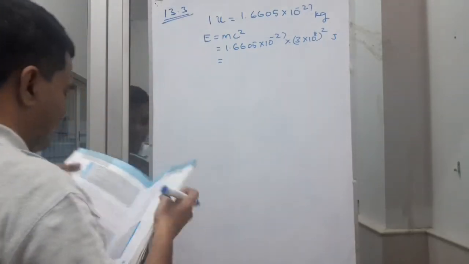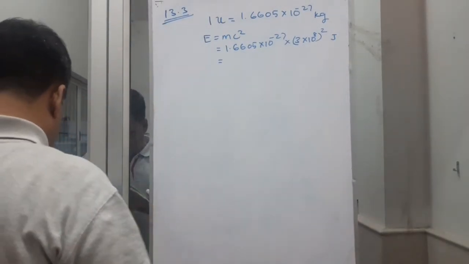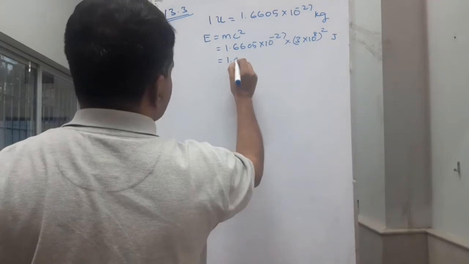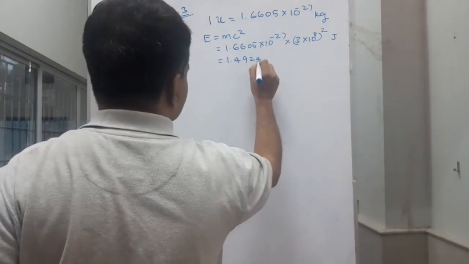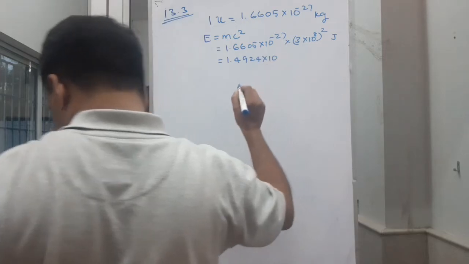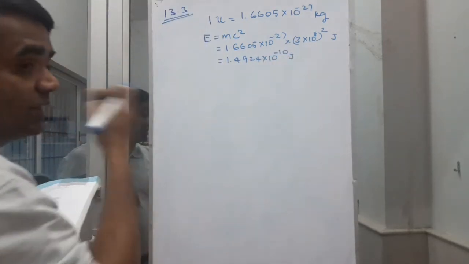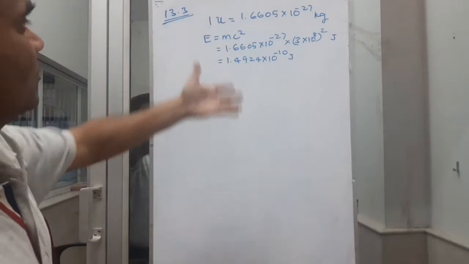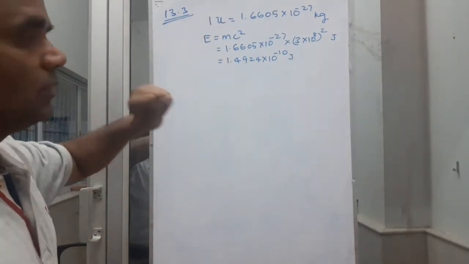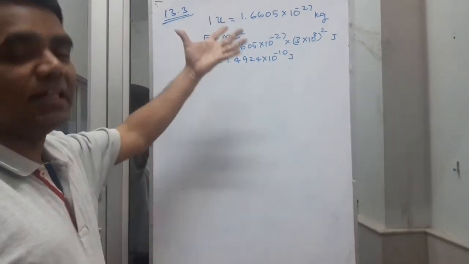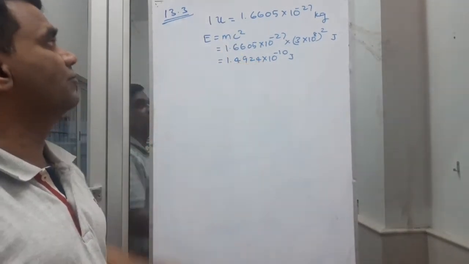So this actually gives me 1.4924 into 10 power minus 10 joules. It's not a lot. But then if one atomic mass unit is made to vanish, then this is the amount of energy it's going to give.